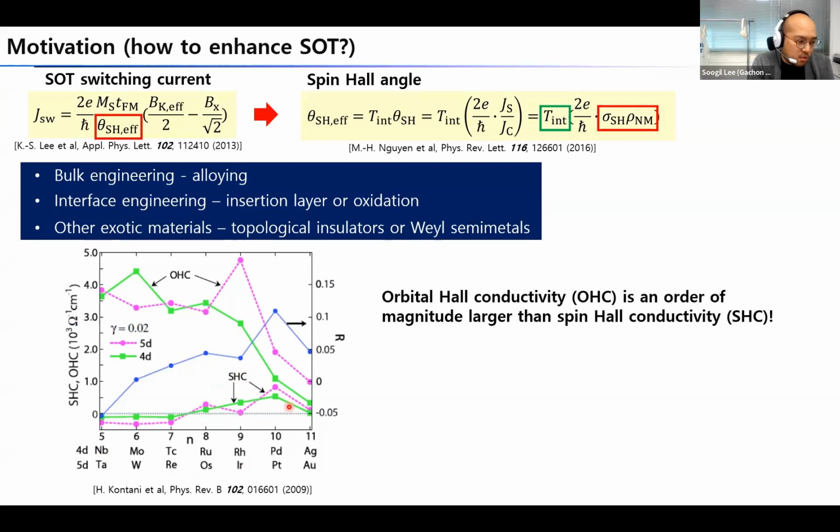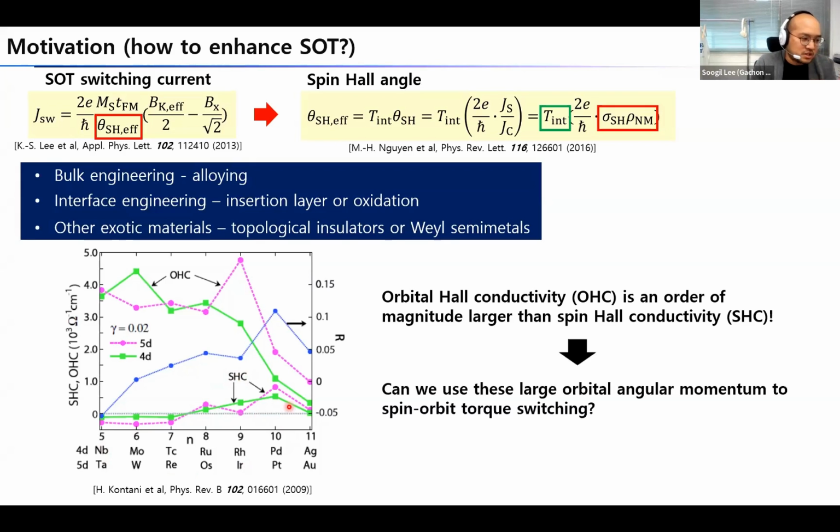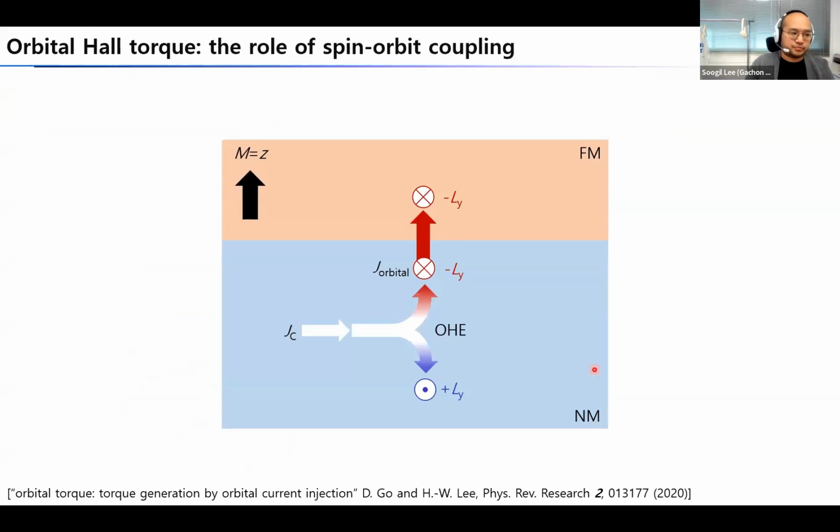However, there is one question. Can you use this large orbital current for magnetization switching for MRAM writing? My answer is yes, and today I would like to share my answers with you.